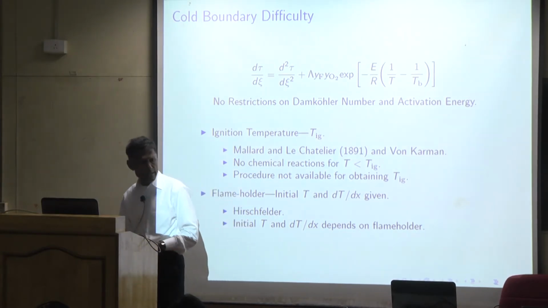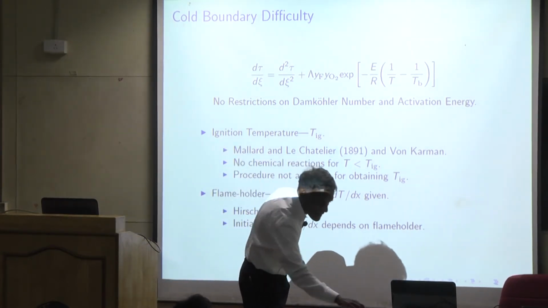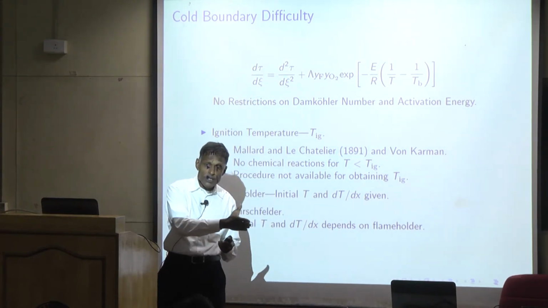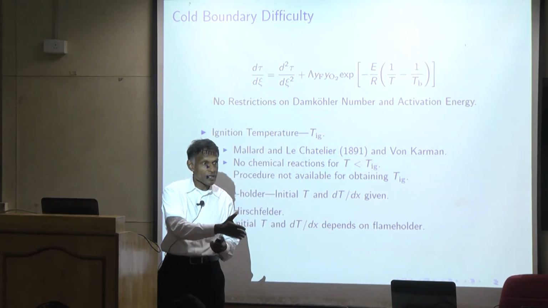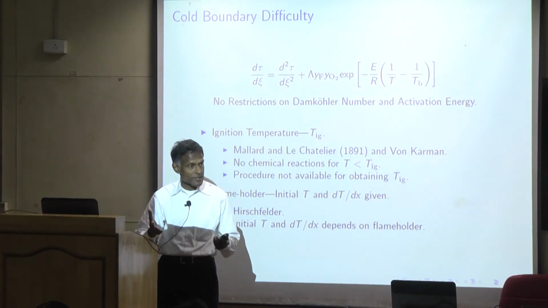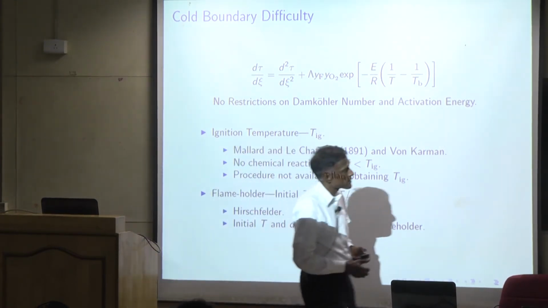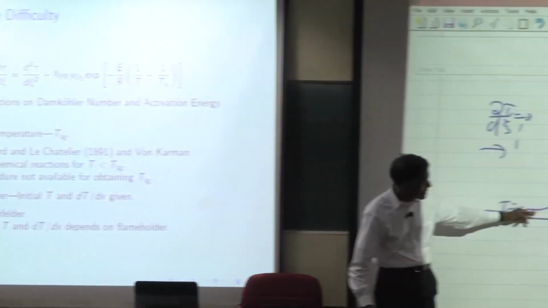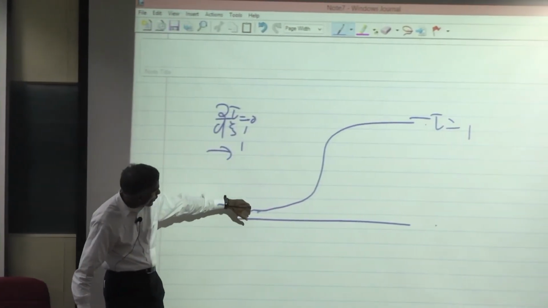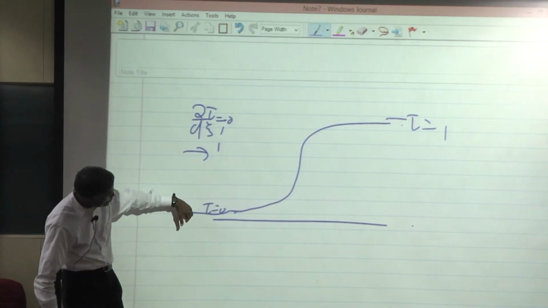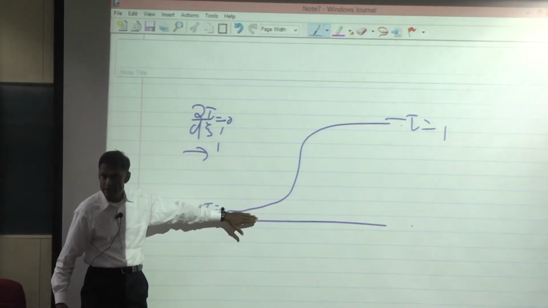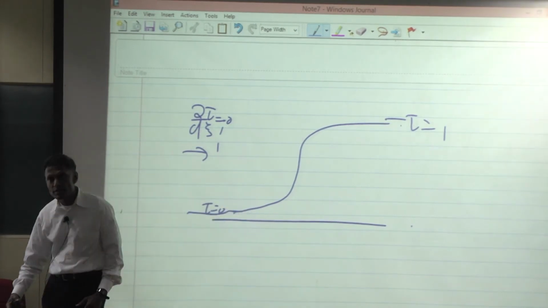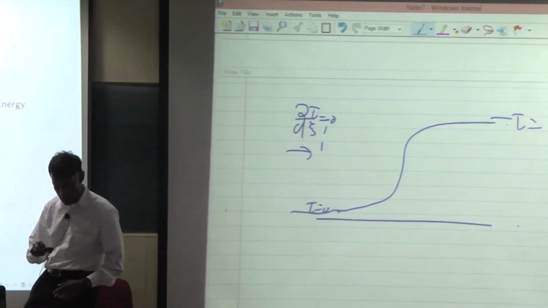If the temperature of the system is below the ignition temperature, no reaction takes place; above that ignition temperature, reaction takes place. So artificially, you can say there's an ignition temperature somewhere over here, and if you go in this direction, there's no reaction, and in this direction, there's a reaction. Or alternatively, you can put the ignition temperature over there. So there's some arbitrariness in the selection of the ignition temperature.